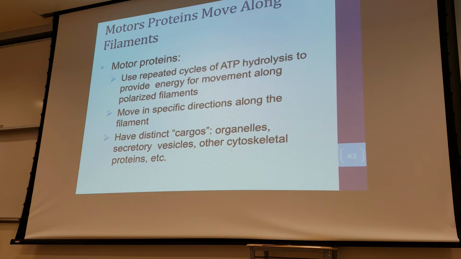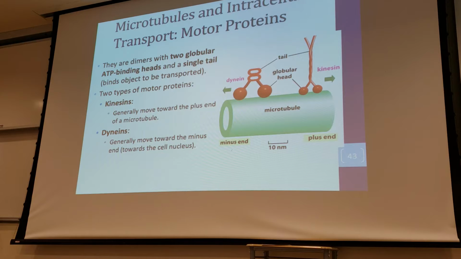You can imagine having this little motor protein carry an entire mitochondria along the side of the skeleton. So these guys are really, really good, right? Imagine the size difference. And so they're using energy to move stuff along. Here are two examples of those transport proteins, the motor proteins that use microtubules.